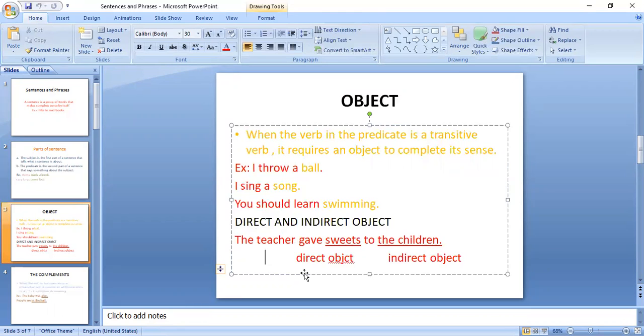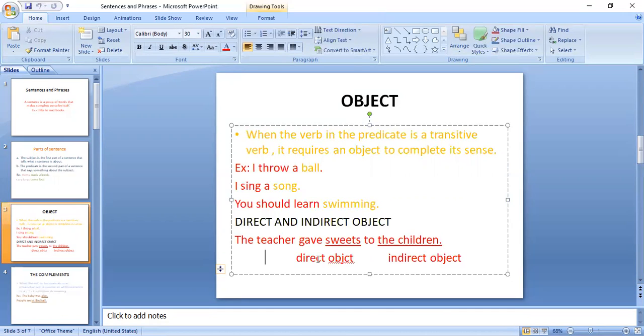Which word is the verb here? Gave is the verb here. The verb gave takes two objects. What are they? Sweets and children.